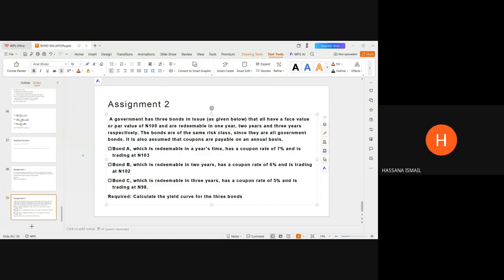Your interest for bond A. 7 naira is the coupon, sir. Very good, 7 naira. Your redemption value will be what? 100 naira. So at the maturity period, it will be 100 plus 7, which will be 107. For bond A, how many years are you looking at? 1 year. Fine, 1 year.